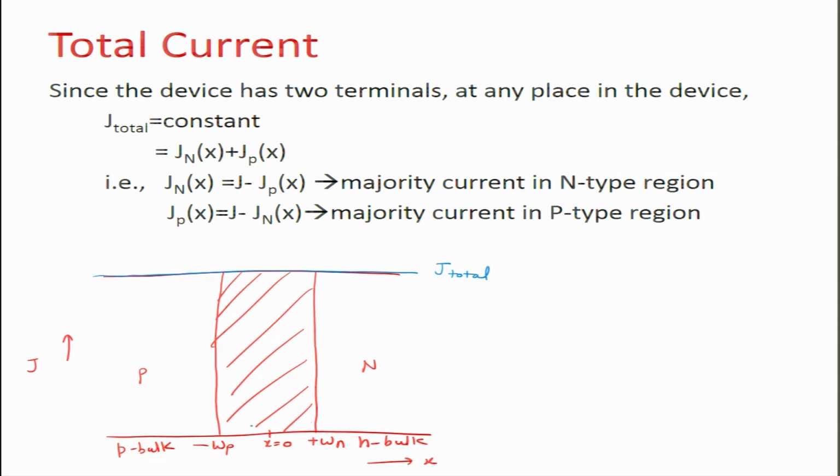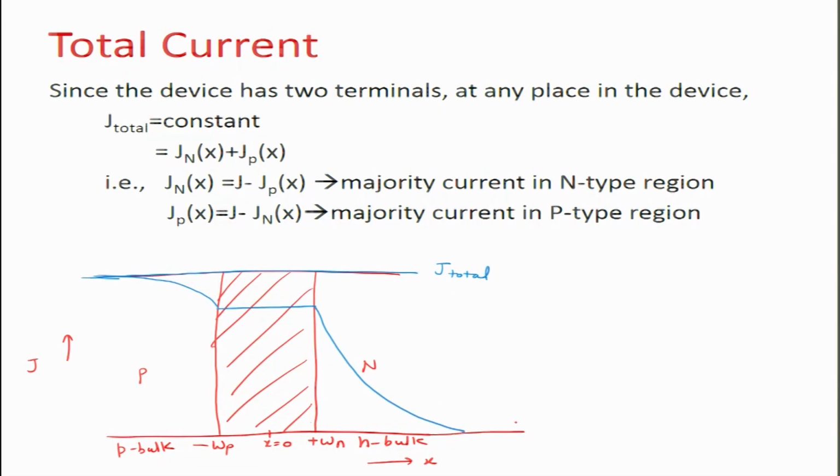J total is the sum of Jn and Jp, it is a constant current. So, what it means is that Jp goes as something like that, and then in the depletion region it stays constant, and then I extend it to the other side.